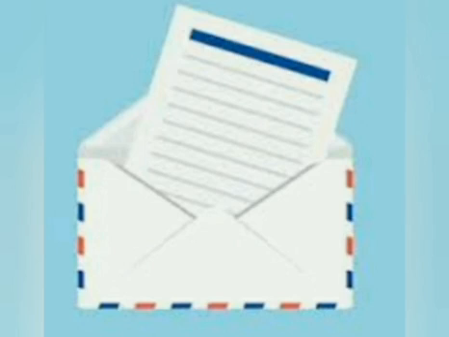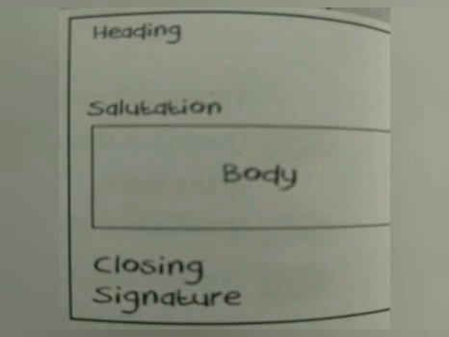How to write a letter, children? Now that is a very important part. Where is the address written? How is the address written? Where is the date written? The address is written on the left side of the page. It needs to have the street, name of the city, pin code, and name of the state.